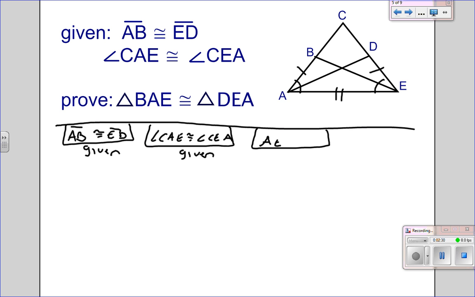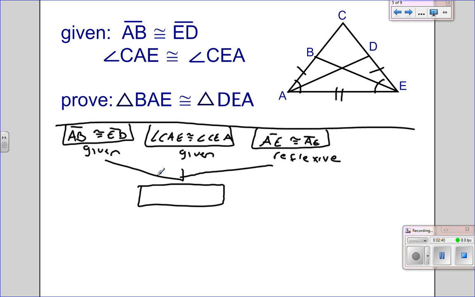That is that AE is congruent to AE. Make sure you're writing something under every box. Now, we don't have to change the information to congruent statements because they're already congruent statements. So all I have to say is triangle DAE is congruent to triangle DEA by side, angle, side. So a pretty basic overlapping proof there for you.